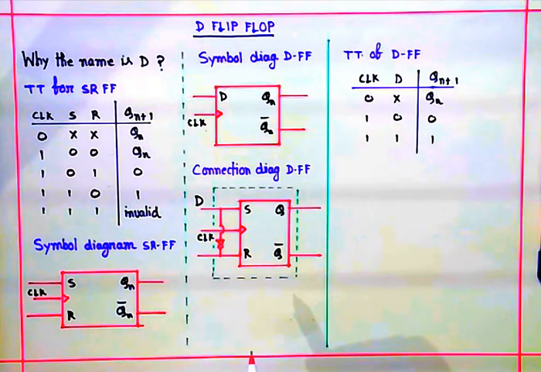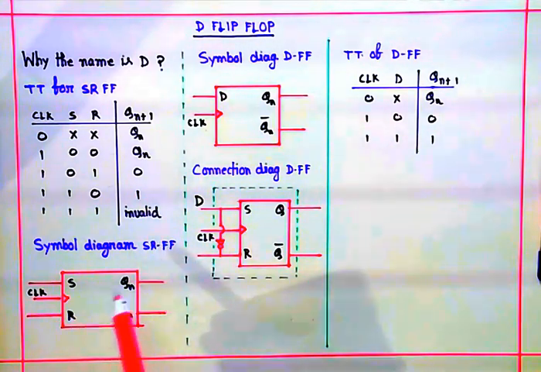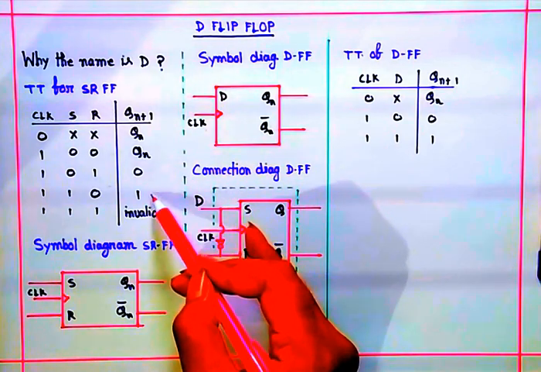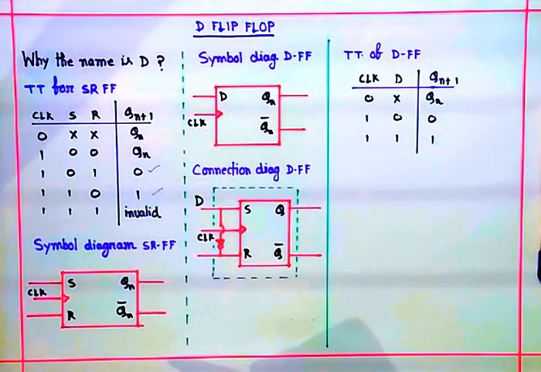Now to understand the operation of D flip-flop, you have to remember the truth table of SR flip-flop. You know that truth table for SR flip-flop is like this. Now notice these two lines. What is happening in these two lines?